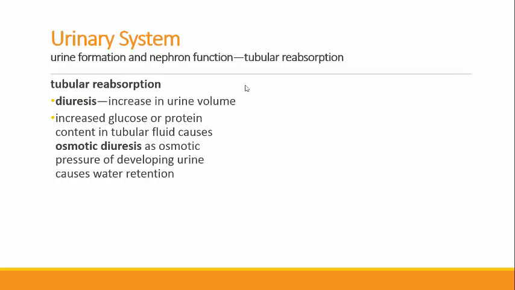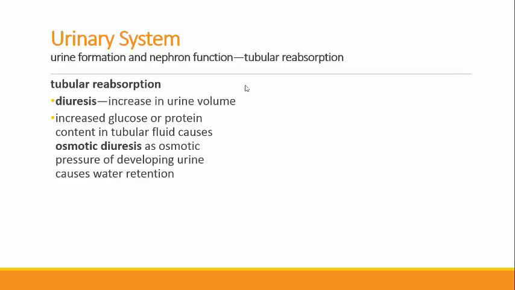Okay, so some terms that relate to tubular reabsorption. Diuresis means an increase in the volume of urine. So a diuretic is a material that causes increased urine volume. Diuresis, greater volume.